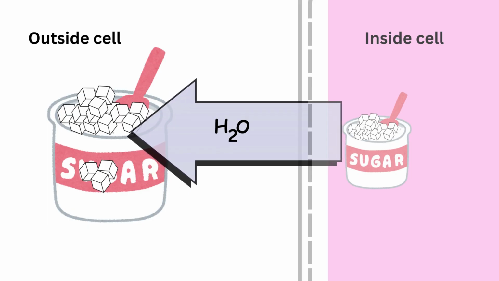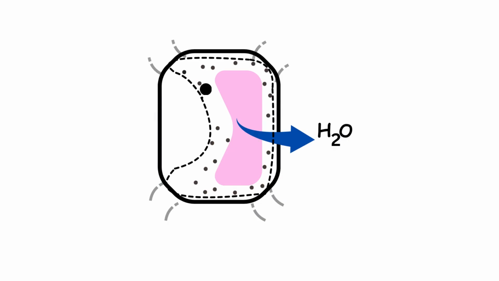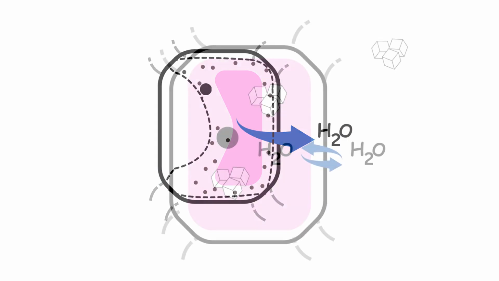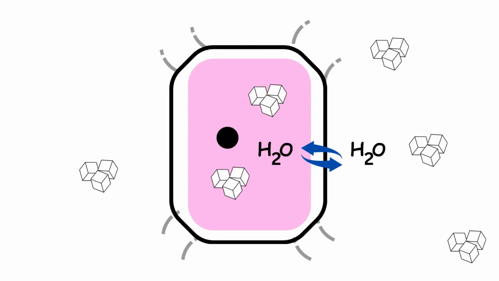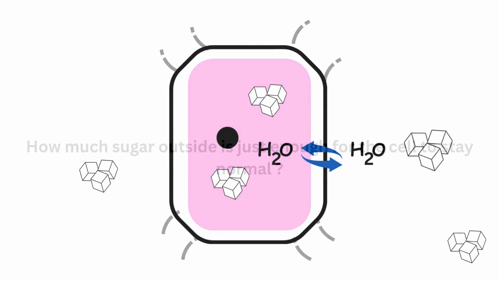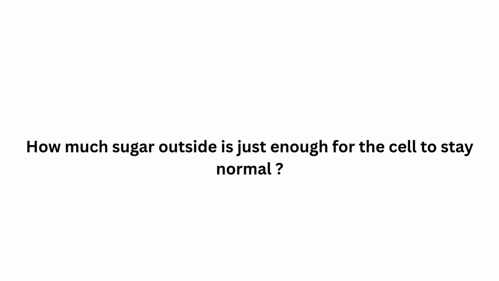And when that happens, the cell starts to shrink. But remember, the cell sap inside already has some sugars and solutes too. So the big question here is, how much sugar outside is just enough for the cell to stay normal? Let's find that out.